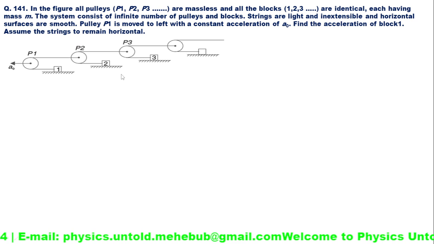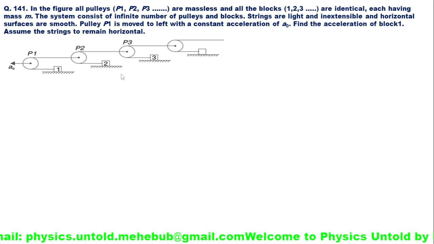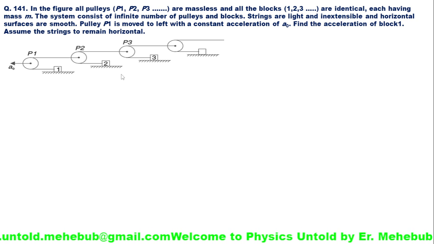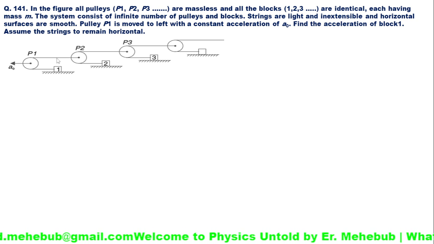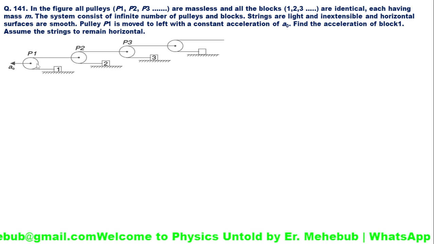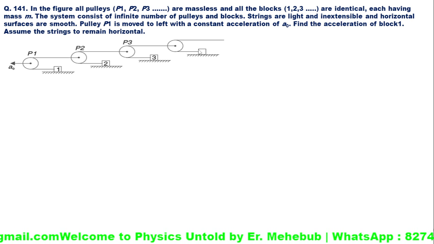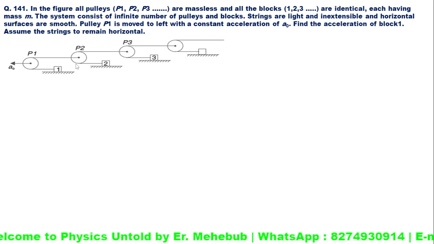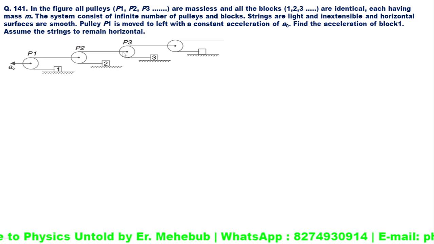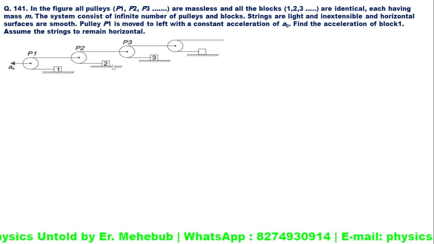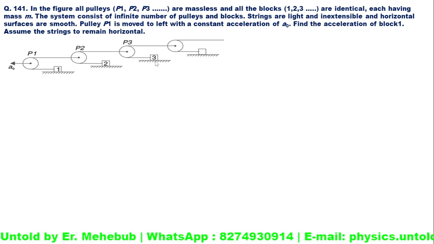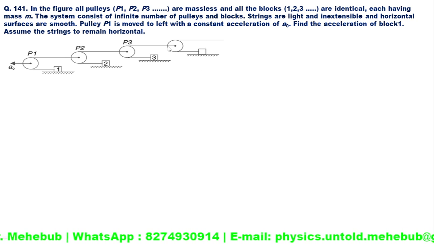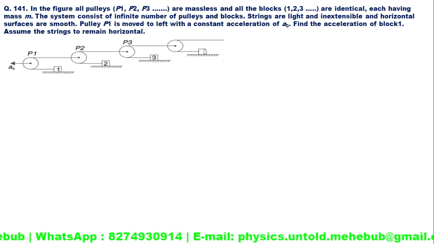Now first of all, if we analyze this question, it is given to us that there is a pulley mass system, and in this system 3 pulleys are shown here, that is pulley number 1, pulley number 2, pulley number 3, etc. And there are masses such as block 1, block 2, block 3, all connected with pulley number 1, pulley number 2, pulley number 3, etc. But this system is increasing infinitely, or this is an infinite pulley system.